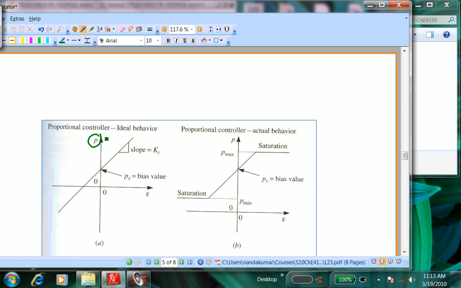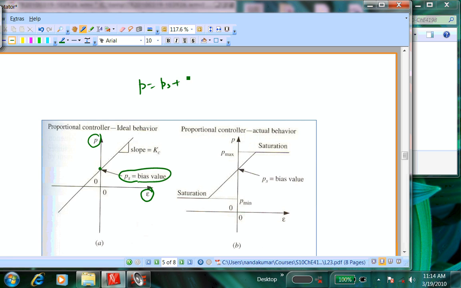This is the true pressure, not the deviation pressure, lowercase p, against the error. When the error is 0, there is some steady state pressure Ps, which we call the bias value. When the error is not 0, the pressure you apply to the valve is determined by that equation.